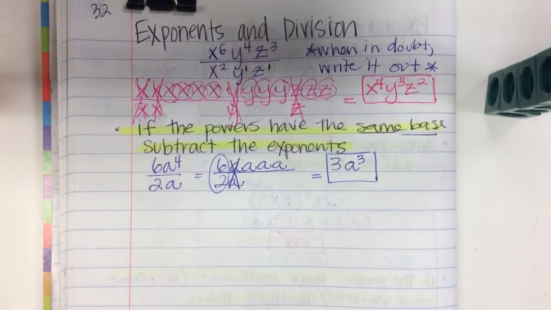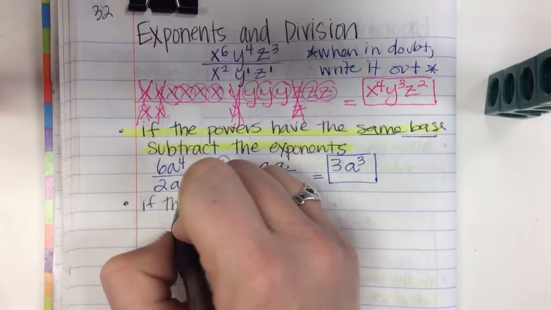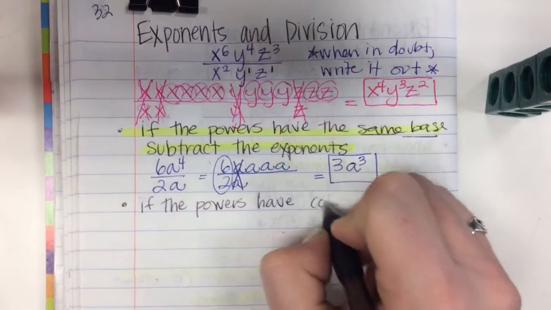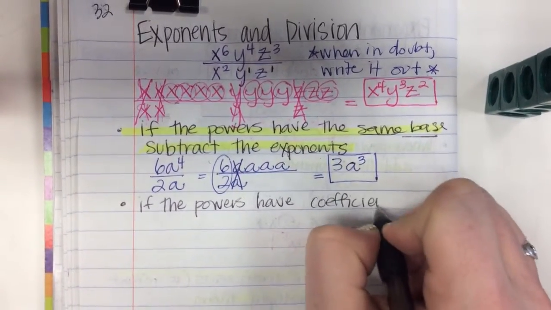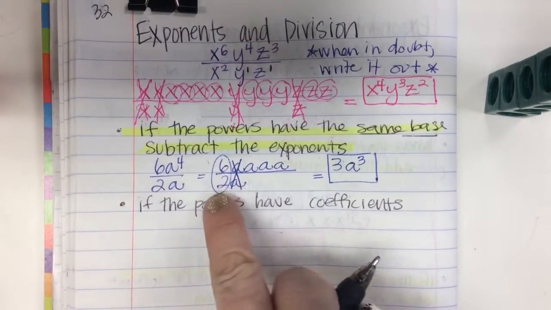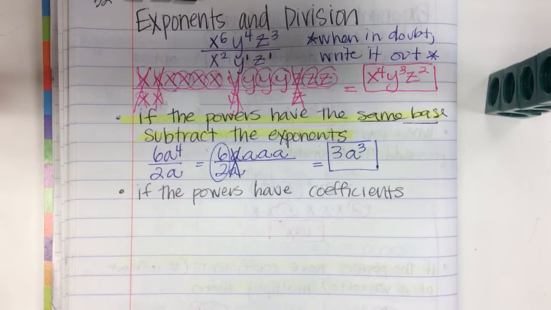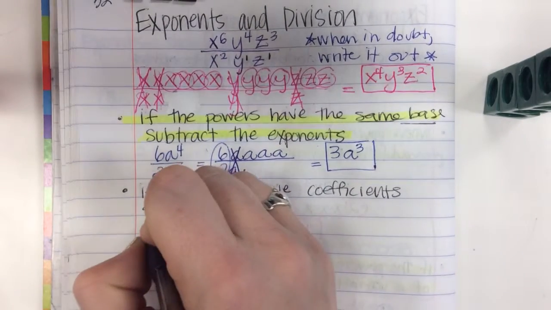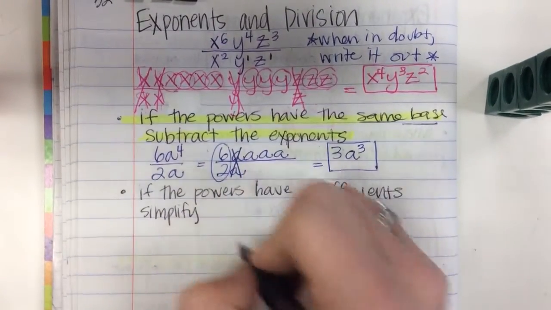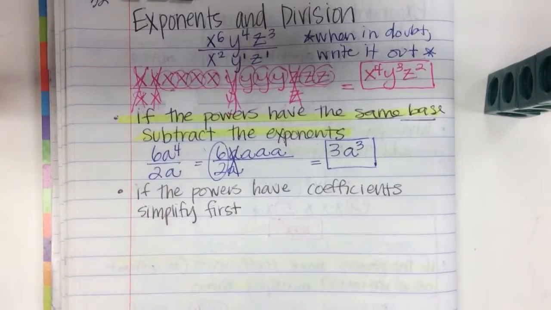So this exponent rule, if the powers have coefficients, right? 6 is a coefficient, 2 is a coefficient. Coefficients are the numbers in front of a variable. Simplify first.